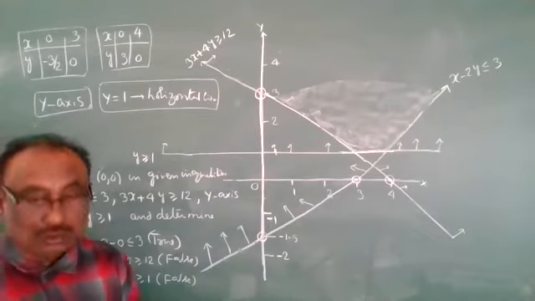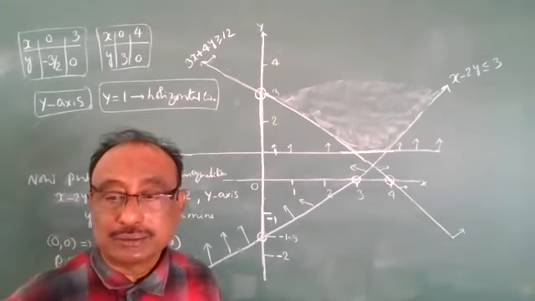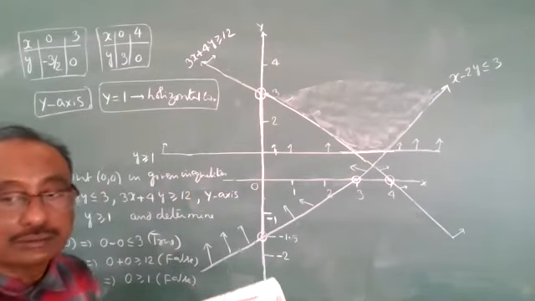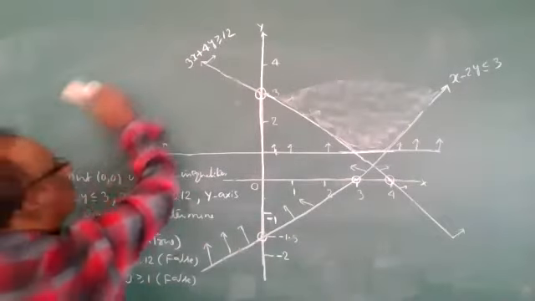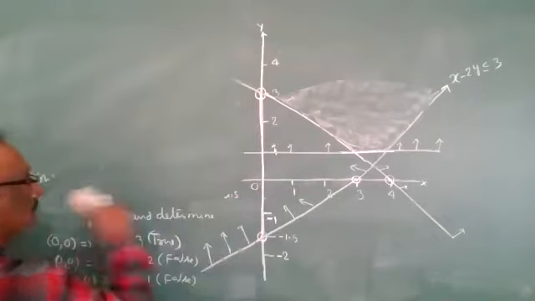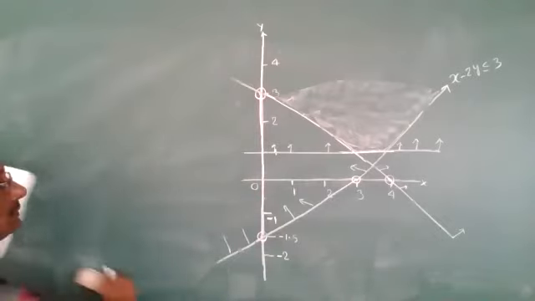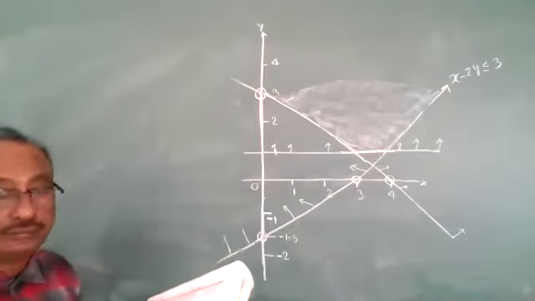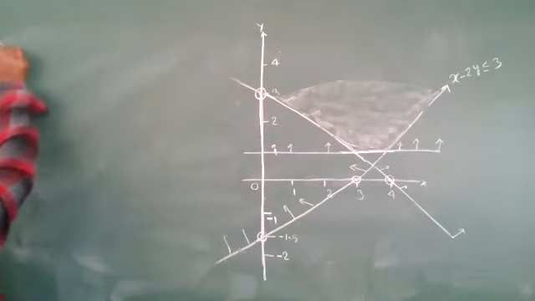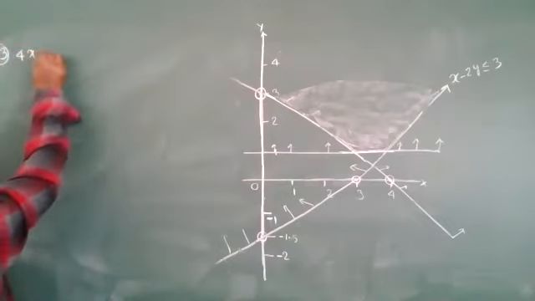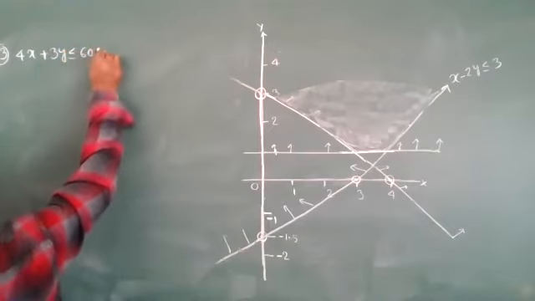Right. Everyone go through the 13th problem. Fast, move towards the 13th problem. The 13th problem is: 4x plus 3y less than or equal to 60.